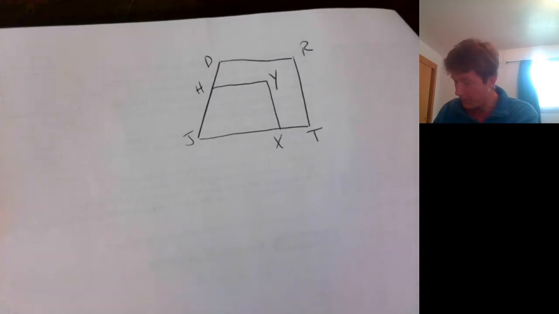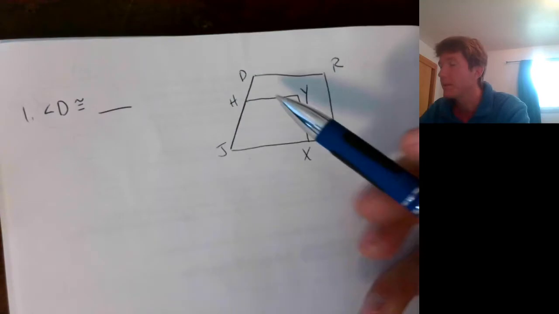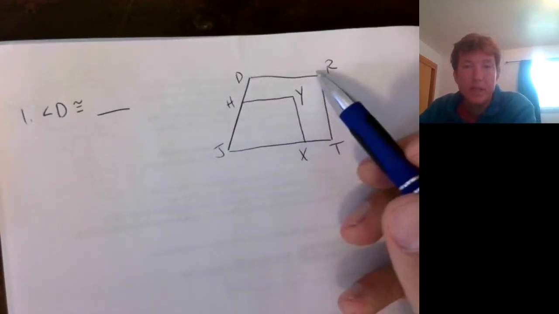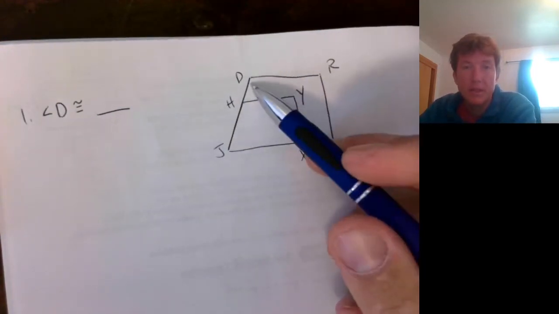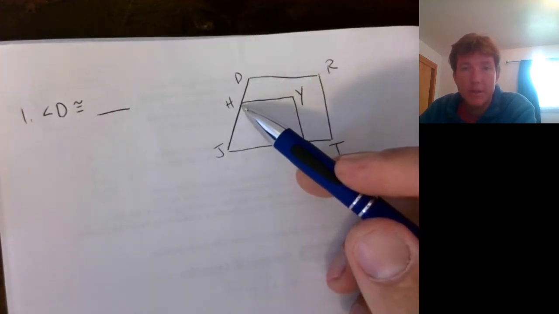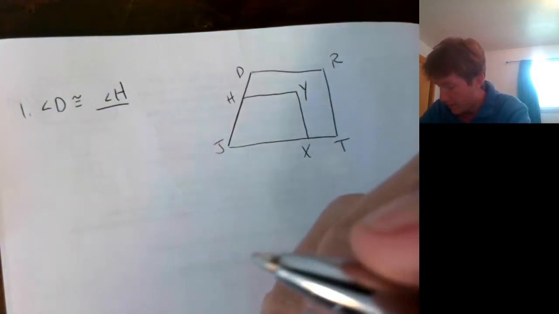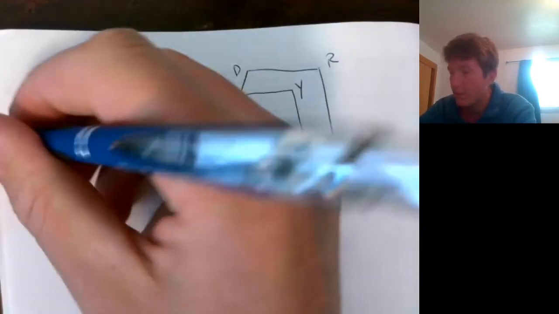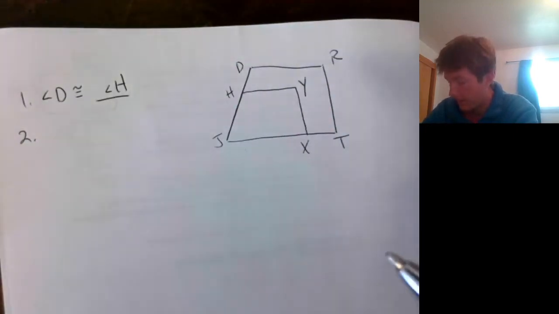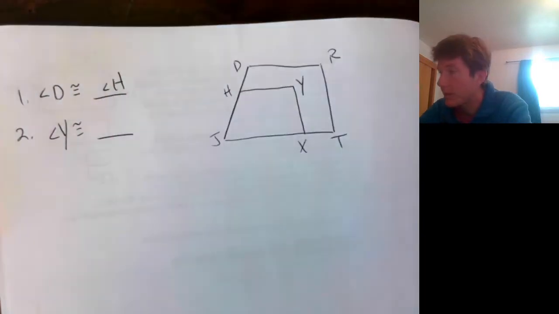Number 1 through 6, it says complete the congruence and proportion statements. Number 1, angle D is congruent to what? Angle D is the upper left corner for this larger trapezoid. The upper left corner for the smaller trapezoid would be angle H. Angle Y, congruent to which angle?